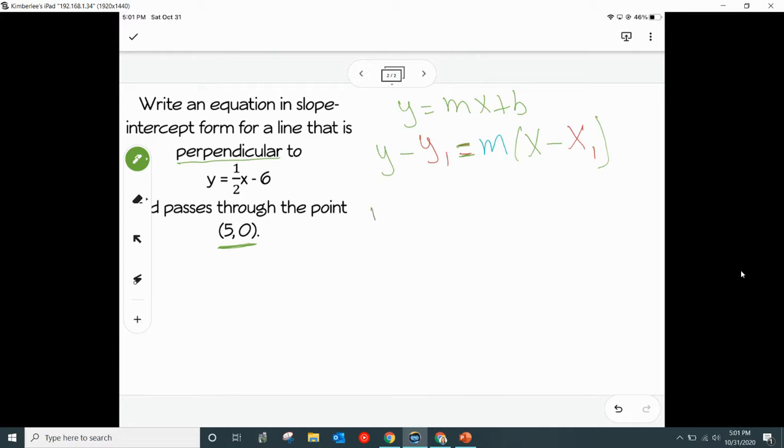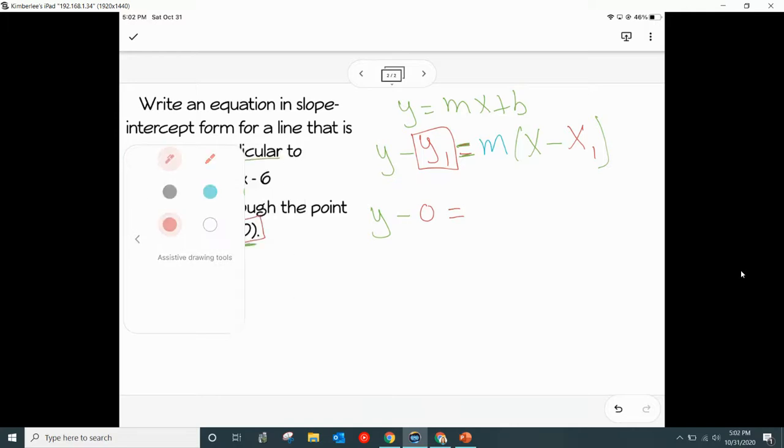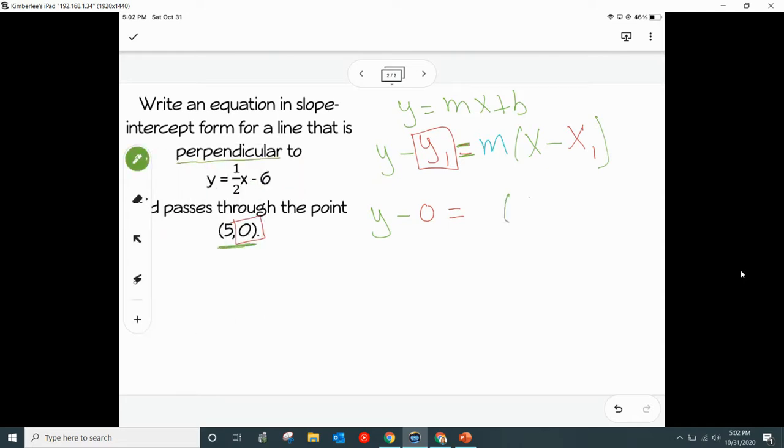So I could go ahead and start writing out and plugging in. The first piece I'm going to plug in for is this y1. Well, that's your y value of your ordered pair, and it happens to be 0. So I put my equal sign. Well, we've got to figure out the slope we're going to plug in, but I'm going to leave space for my slope, and I'm going to go ahead and do the rest.